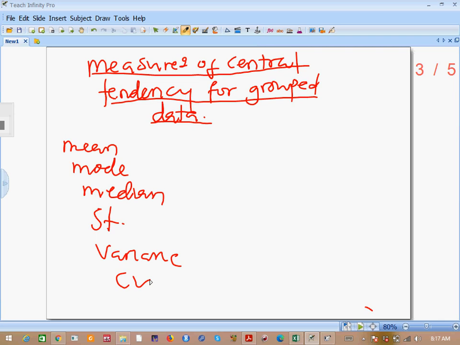Okay, this was easy because we just had a set of data that was not grouped. Now today we're going to look at how we can find the mean, the mode, the median, the standard deviation, and the variance for grouped data.